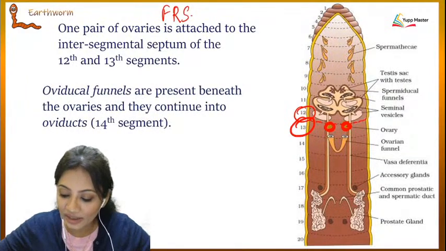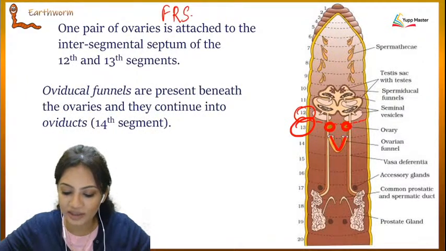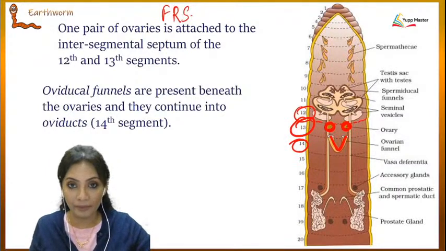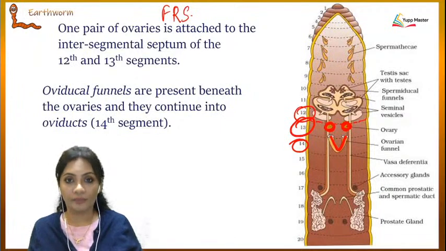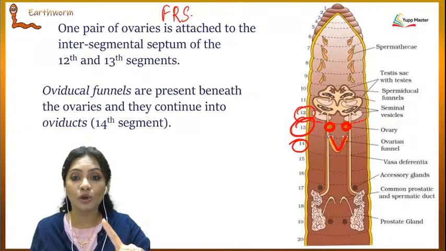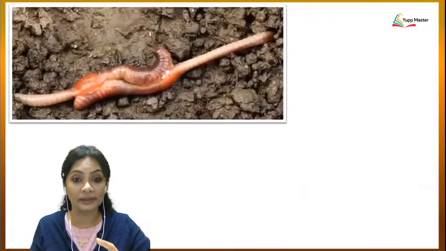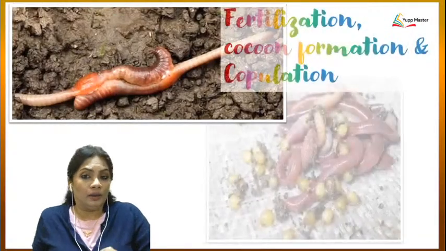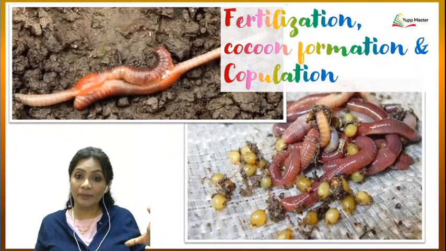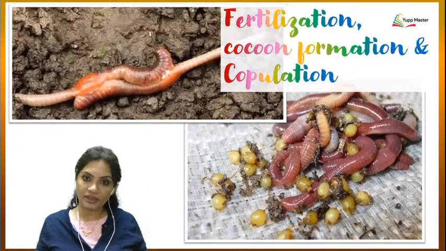Then we see there is an oviduct which is present as a funnel on segment number 14. And remember, in the female earthworm there is one genital pore, and that too is located on segment number 14. Alright.